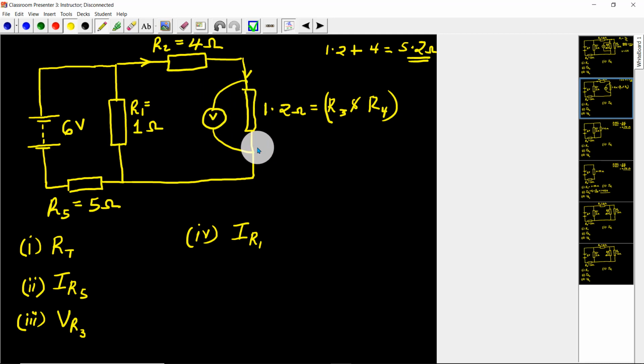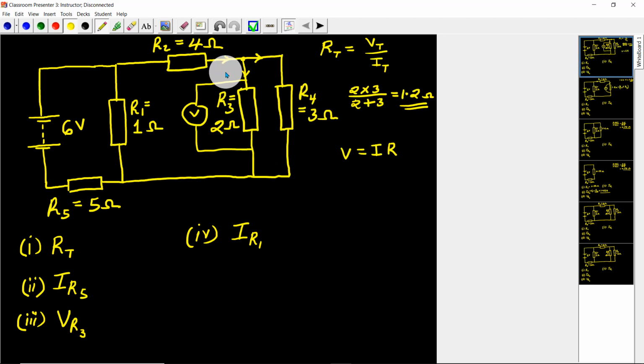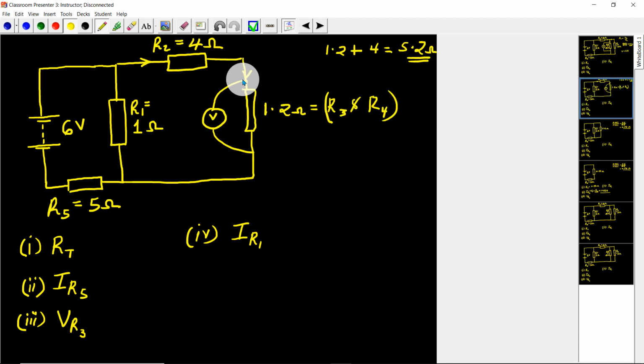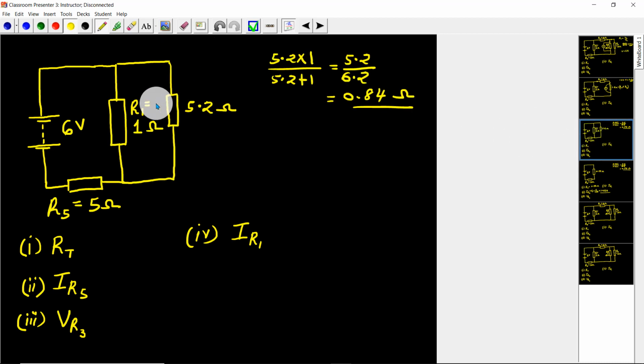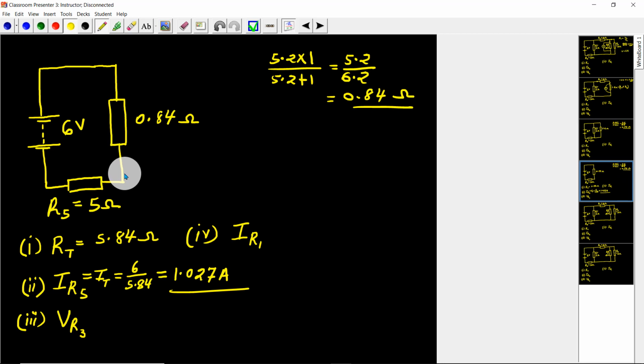They are the same, because I have to remember that the voltage across this combination is equal to the voltage across this resistor, which is equal to the total voltage across a single resistor whose value is 1.2 ohms. Let's see whether that one is possible. When I combine this one and this one, I get this simple connection of resistors, and finally I get this.